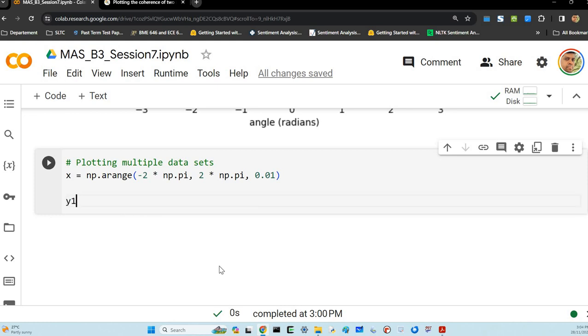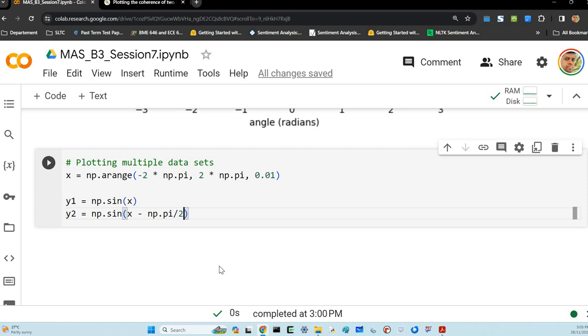Let me say it's y1, I'm going to get the sine of x. y2 is np dot sine of x minus np dot pi divided by 2.